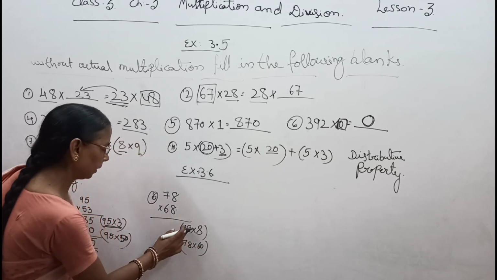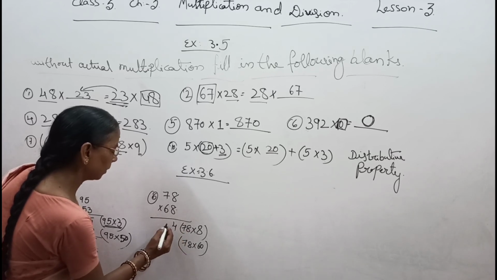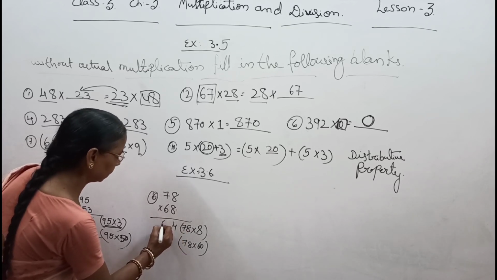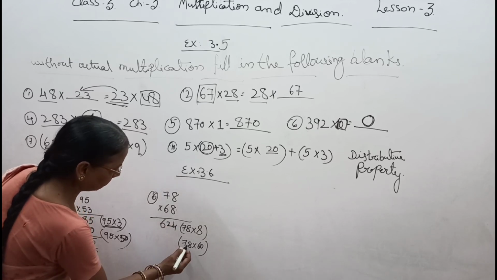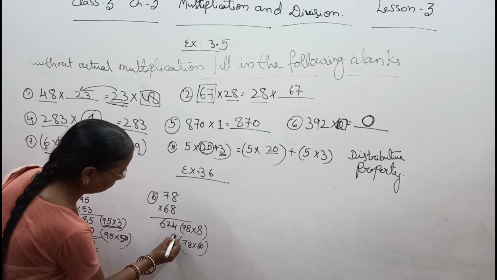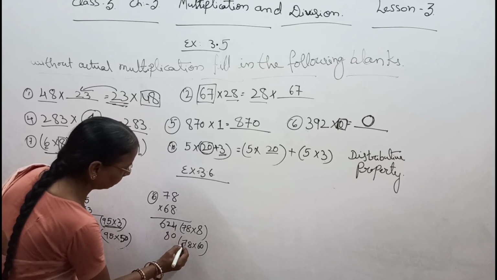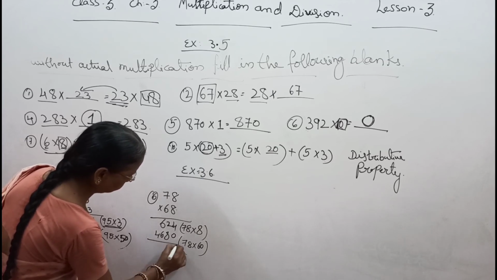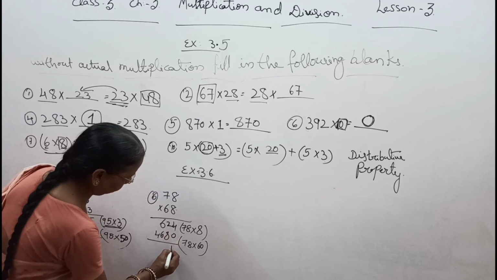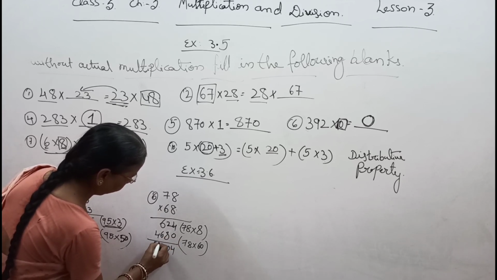Now 8 8s are 64, 6. 8 7s are 56 plus 6, 62. Next 0. Then 6 8s are 48, 4. 6 7s are 42, 42 plus 4, 46. Then 4, 10, 13, 5.